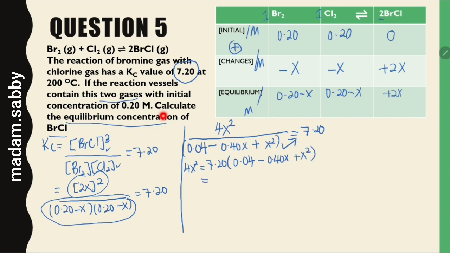I expand it by multiplying everything with 7.20 on the right side, so I will get 0.288 minus 2.88x plus 7.20x squared. Now I'm going to move my 4x squared to the right side so I can replace the left with 0 to form a quadratic expression and solve it. So 7.20 minus 4, 3.20x squared. Okay, rewrite.